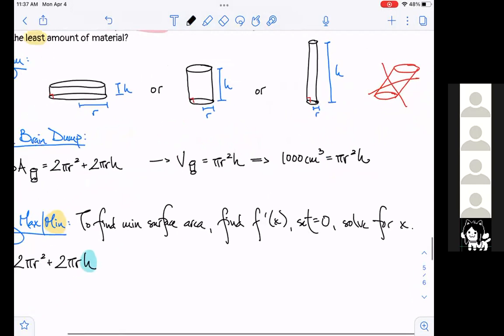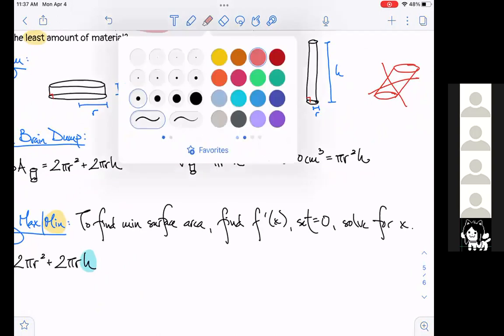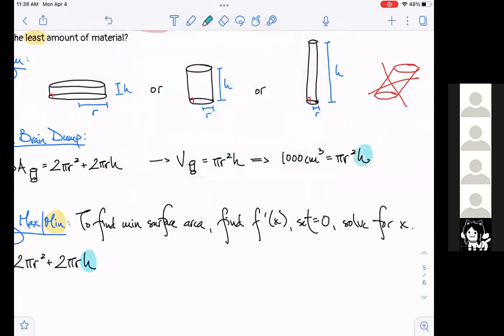Since I want to get rid of the h in the problem, I could get h all by itself in the volume formula. This is like how we were solving for the L. We can just divide over that pi r squared.